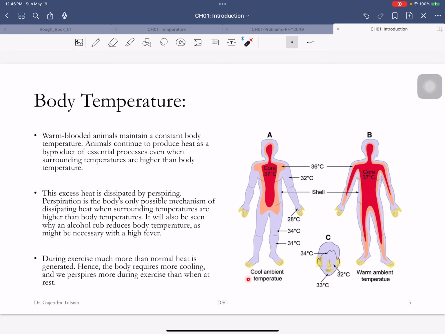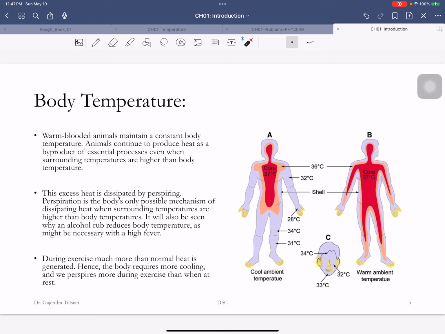So when it's cool outside, you don't want to lose too much heat, and so you make just the smallest portion of the core be at 37 degrees. Okay. So if it were cold and this large portion of a body was at 37 degrees Celsius, you'd lose a lot of heat. Okay. And so you don't want to do that.